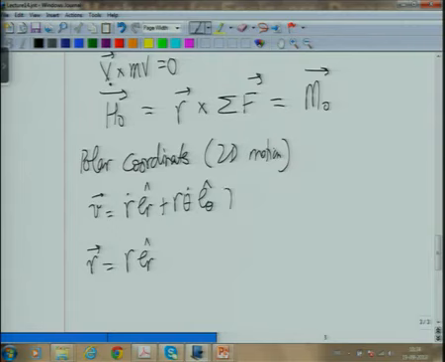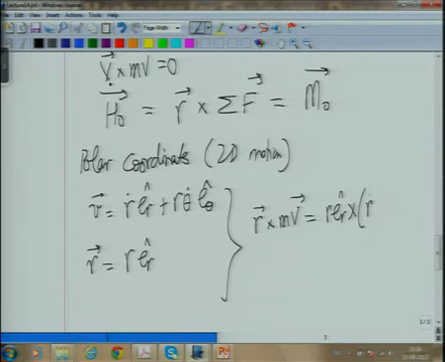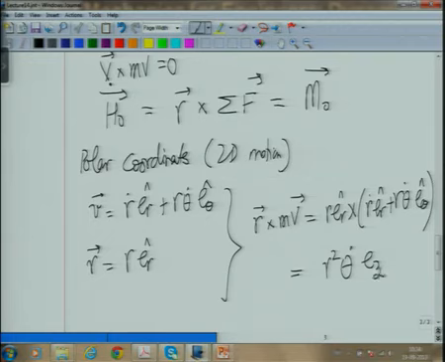So now in this case when I take r cross m v, I will get r e r crossed with r dot e r plus r theta dot e theta, which is just equal to r theta dot.